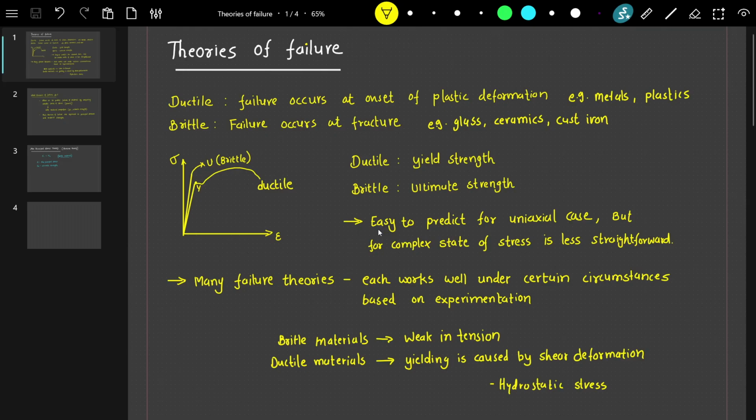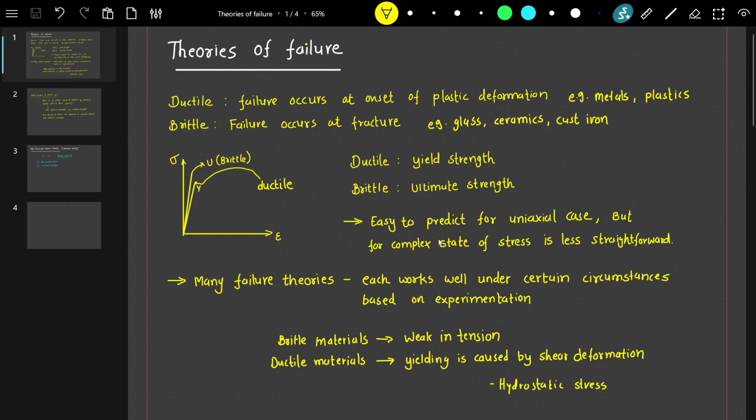Now, in a uniaxial case, in analysis or in a real case, it is easy to predict the failure of material, because if the stress is uniaxial, we can directly compare it with our material properties, that is yield strength or ultimate strength, from the uniaxial test, right?